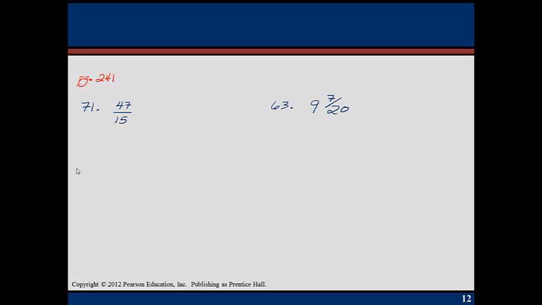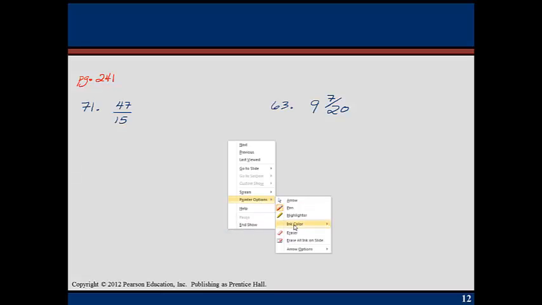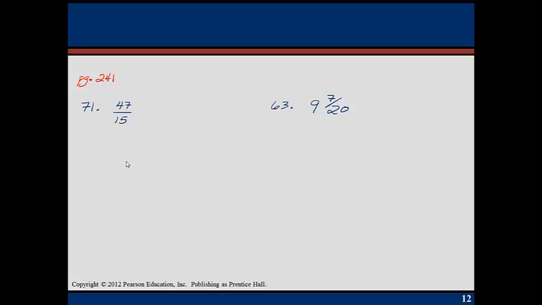Okay, so for number 71, it says write each improper fraction as a mixed number or as a whole number. So we're going to start by doing 47 divided by 15. Well, 15 goes into 47 3 times. That would give us 45. Subtract, and we have a remainder of 2. So this is the mixed number 3 and 2/15.